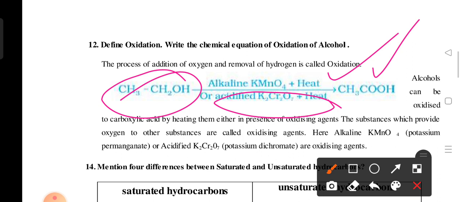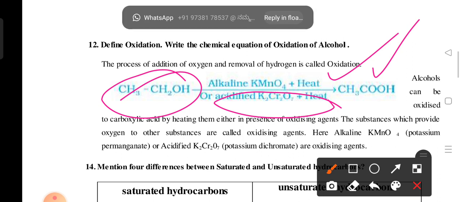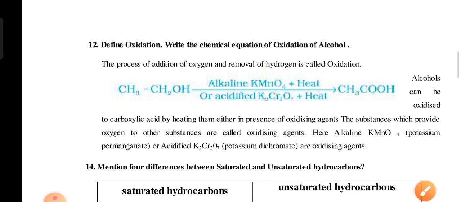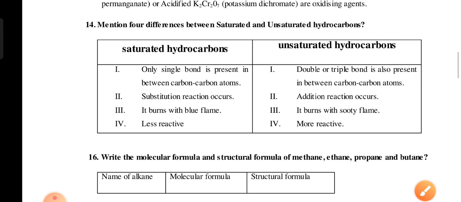Alcohols can be oxidized to carboxylic acids by heating them in the presence of oxidizing agents. The substance which provides oxygen to other substances is called an oxidizing agent. Here alkaline potassium permanganate or acidified potassium dichromate acts as the oxidizing agent.